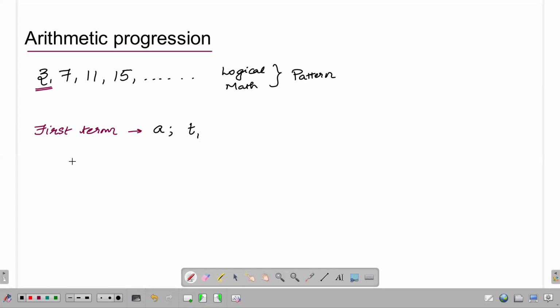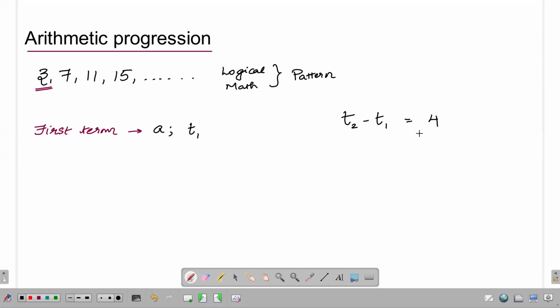Now, I want you to consider the difference between the second term and the first term. I am writing it as T2 minus T1. In this case, it is 7 minus 3, which is equal to 4.